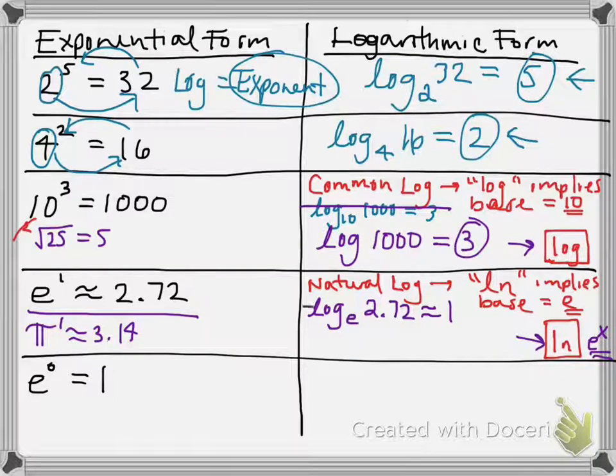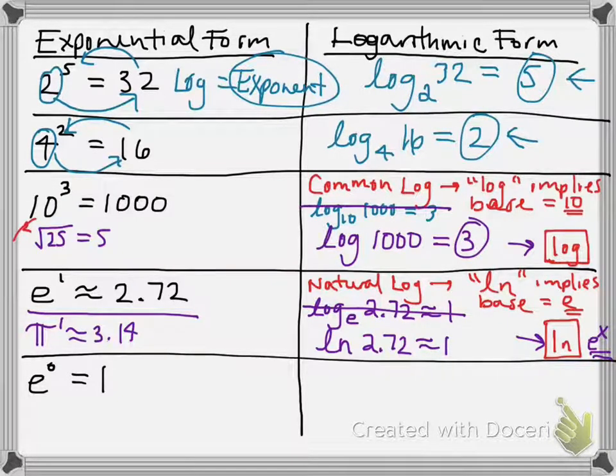So instead of writing it this way, I'm going to rewrite it as ln, natural log, of 2.72 is approximately equal to 1. Whenever you use that ln notation, again, we're not writing the base, but it's an implied base of e.